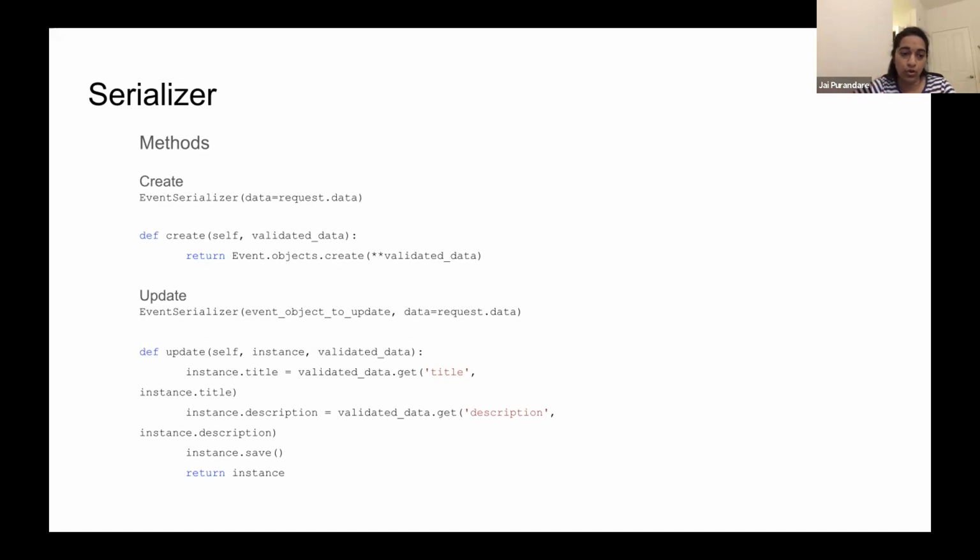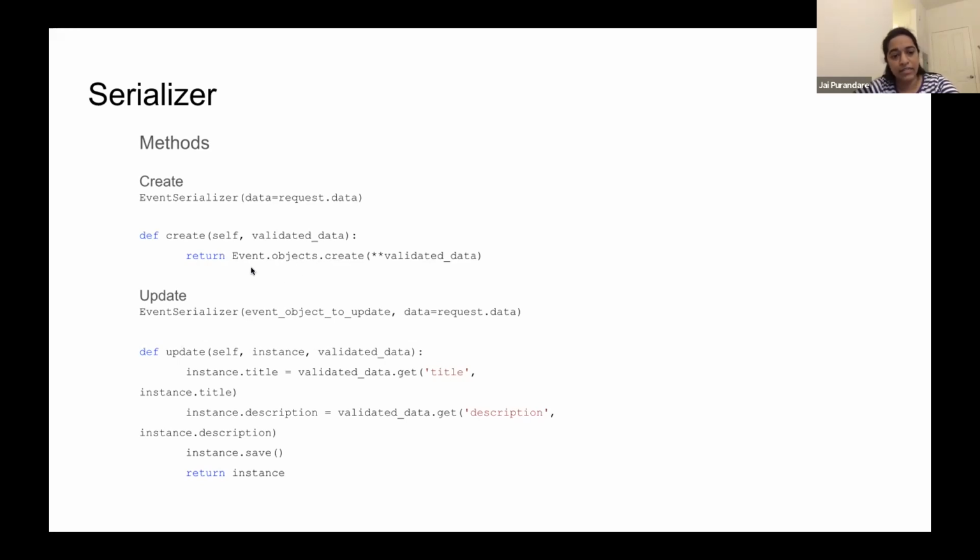Then we have to make two calls: event serializer dot is valid and serializer dot save. Once we call the save method, the create method that is declared inside the serializer is triggered, and it is going to create a new event object, save it to the database, and return that object.